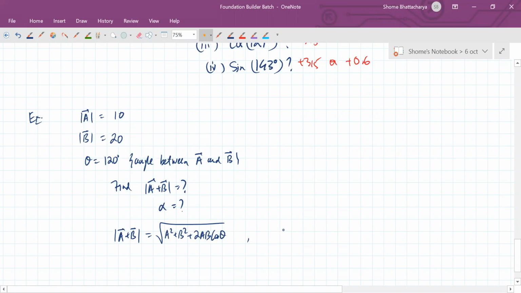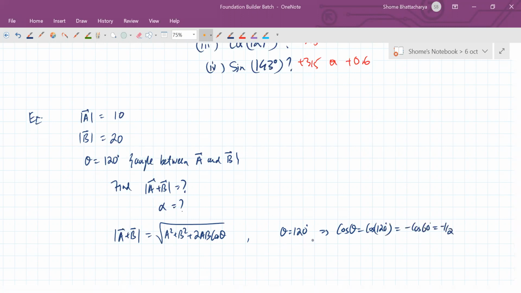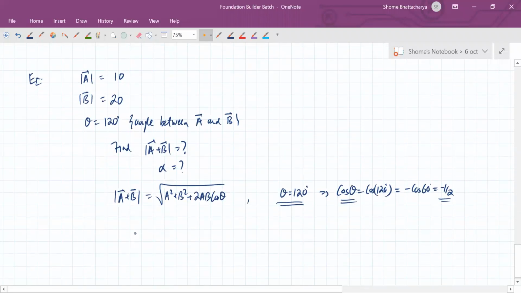cos theta. Now in this, theta is 120 degrees. So just now we saw cos theta will become minus half, and that is minus cos 60. So that is minus half. So we will substitute. We have to substitute our cos theta with minus half. So that's the thing you have to implement here.